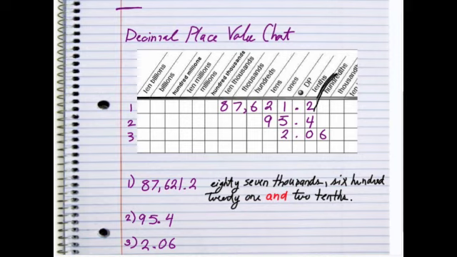Remember, in the last video we talked about never, ever, ever use and, because and represents a decimal point. So you have to make sure you're absolutely inserting and in these examples, wherever your decimal is.